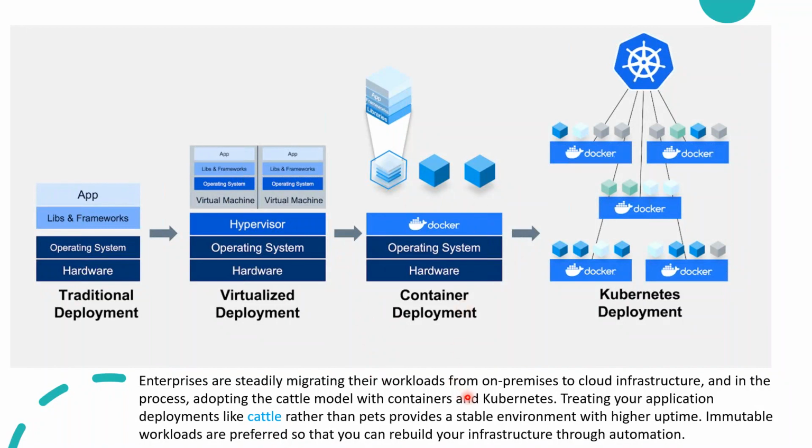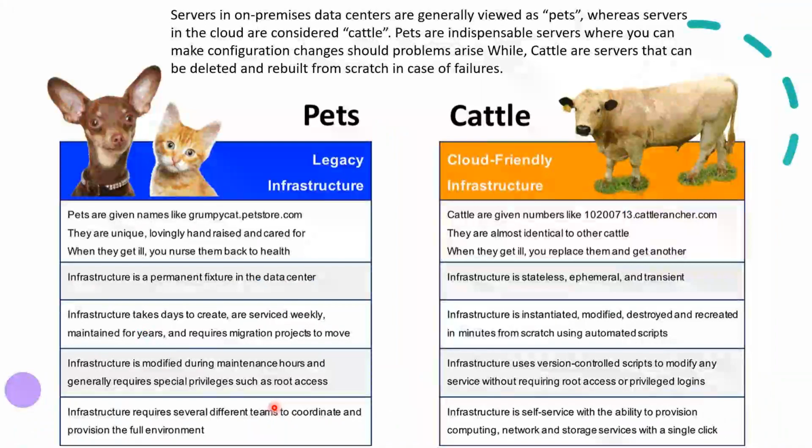When it comes to DevOps, they always have this comparison analogy of pets versus cattle. You know how pets are treated at home, right? You have unique names for each of your pets, you hand-raise them, you give them better nursing, and you take all the safety precautions for them.